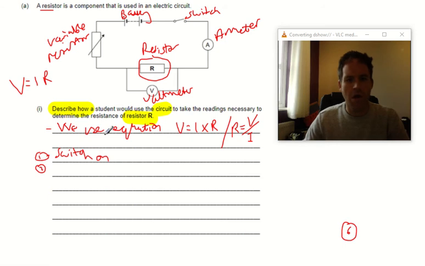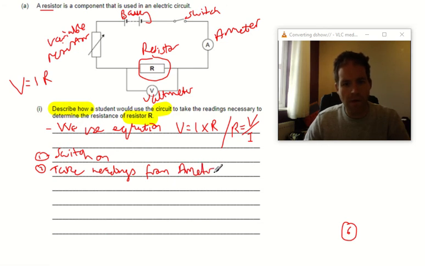Point 2, once we've switched it on, we're going to take readings from the ammeter and voltmeter. So we switched it on using the switch, then we've used the ammeter and the voltmeter to take readings.